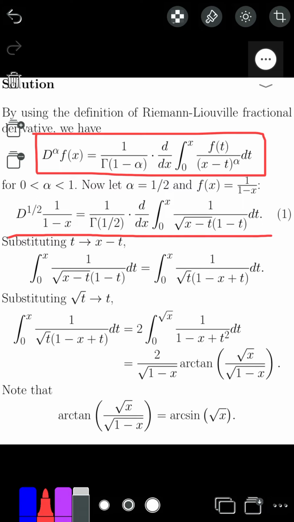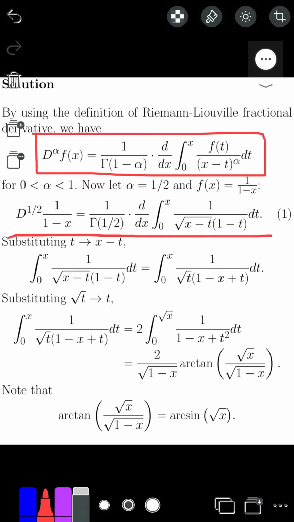To solve this, we're going to substitute square root of t to t. This is just like substituting u equals square root of t, but I don't want to use a new variable. So substituting square root of t to t, we get this integral right here.